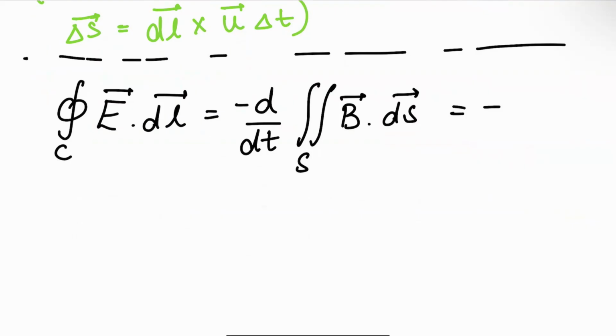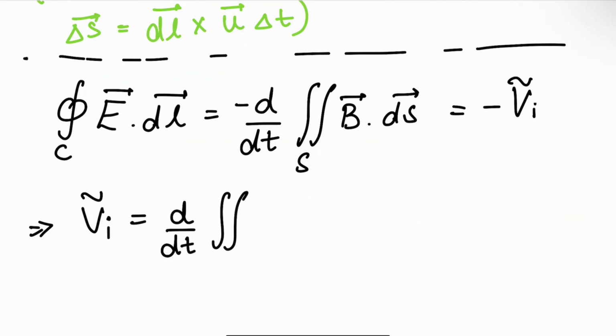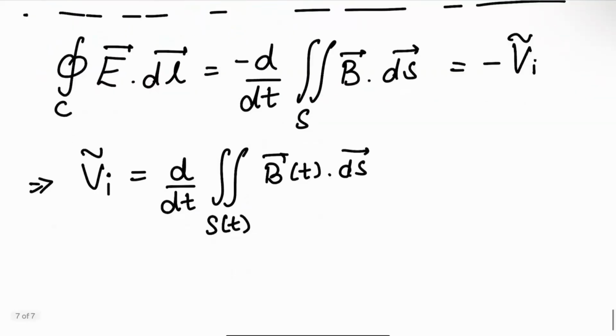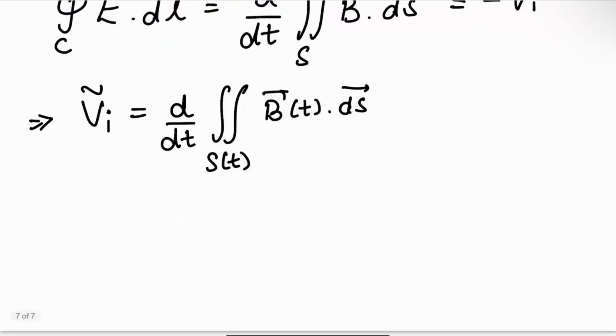I'll call this minus vi tilde. Which means that, just to make it easier to carry around the notation, this is nothing but d/dt of the integral over S of t, B of t dot dS. Both the field and the surface are functions of time now.